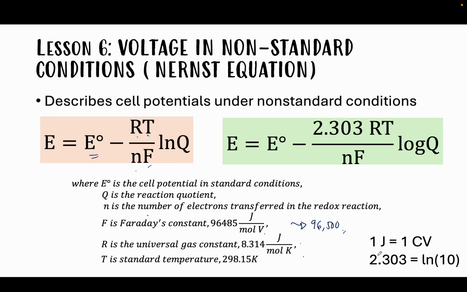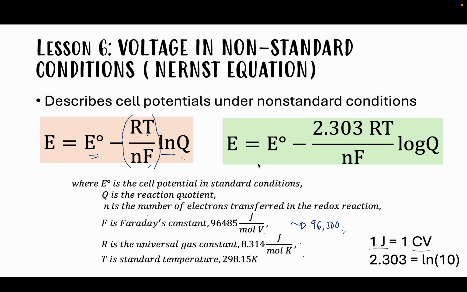And in terms of equivalency of units, 1 joule is actually 1 coulomb per volt. Take note, this whole term here is multiplied by the natural log, ln of Q.